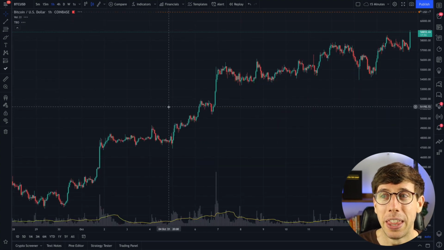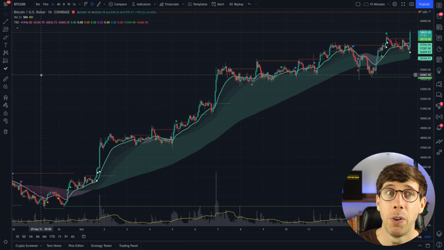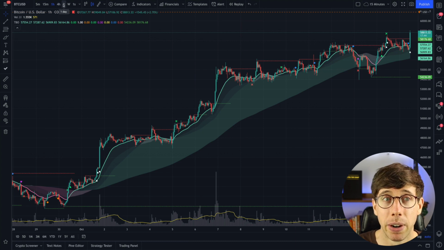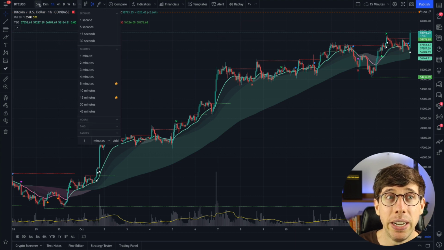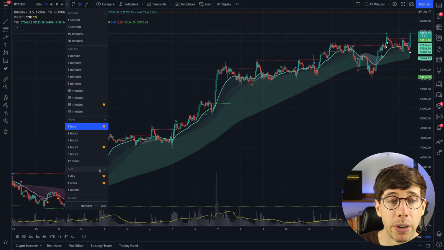So the time frames that I suggest you use and focus on are the 1 hour time frame, the 4 hour time frame, and the daily time frame. If you go up here to the drop down menu, you'll see that 5 minutes, 15 minutes, 1 hour, 4 hour, daily, those are there because I've starred them. I can easily take those off and favorite my 30-minute time frame, go to hours, and go to days.